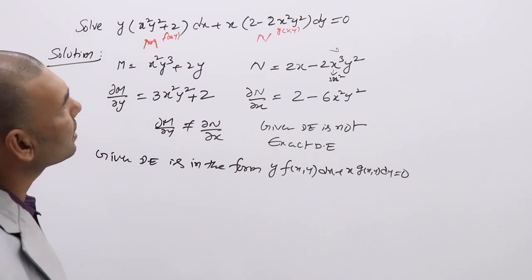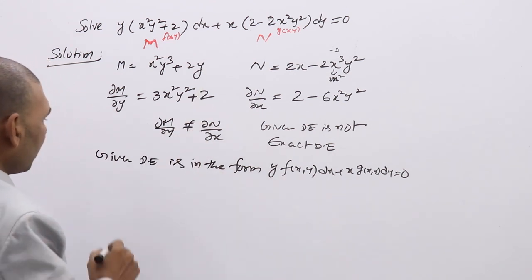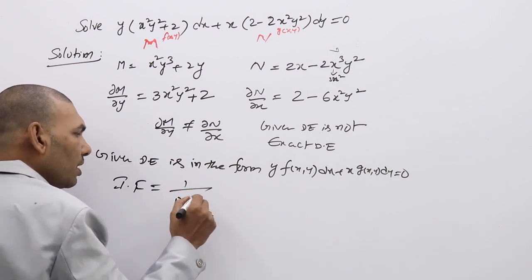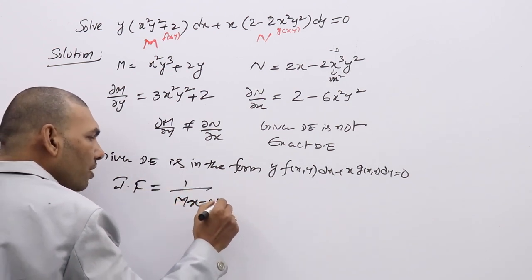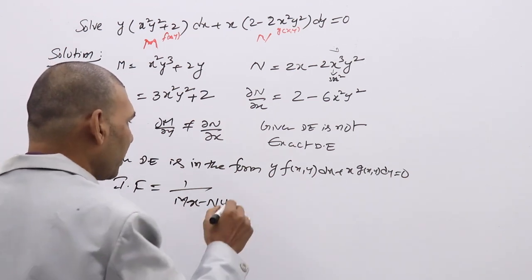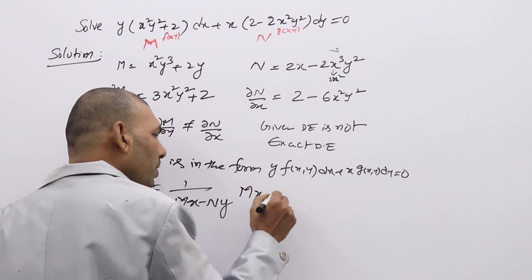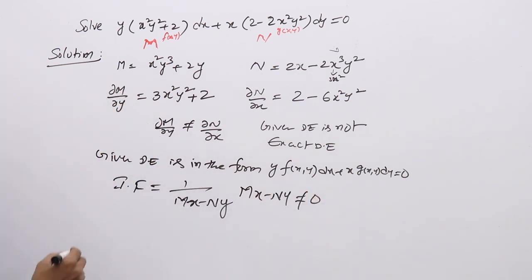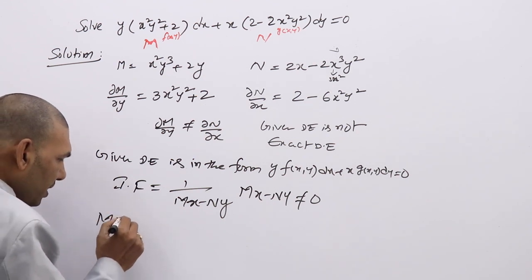When the d is in that form, then the integrating factor is 1 by (Mx minus Ny), where Mx minus Ny is not equal to 0. Now find Mx minus Ny.